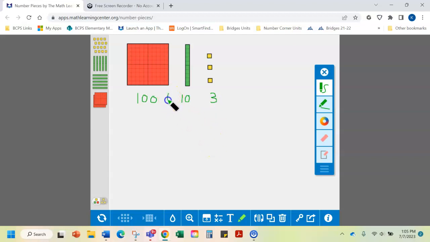I can add those values together to find the total. I have 100, 10, 11, 12, 13. 113. Again, we want our students reading, writing, and representing numbers using their knowledge of place value and these base 10 pieces to support their thinking.